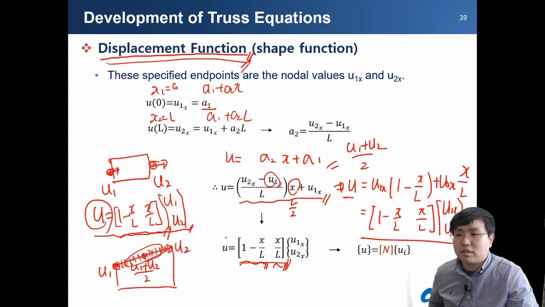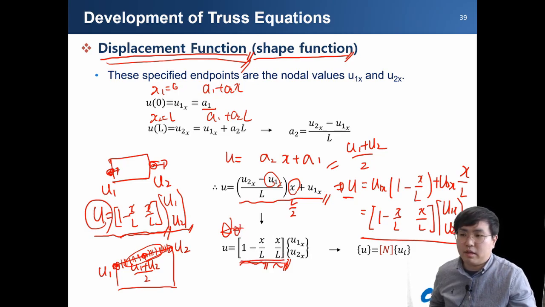So anyway, we are going to say that these are shape functions. I think this is a more general term for these functions. So from next time, when I say shape function, you can understand that these are the shape functions.